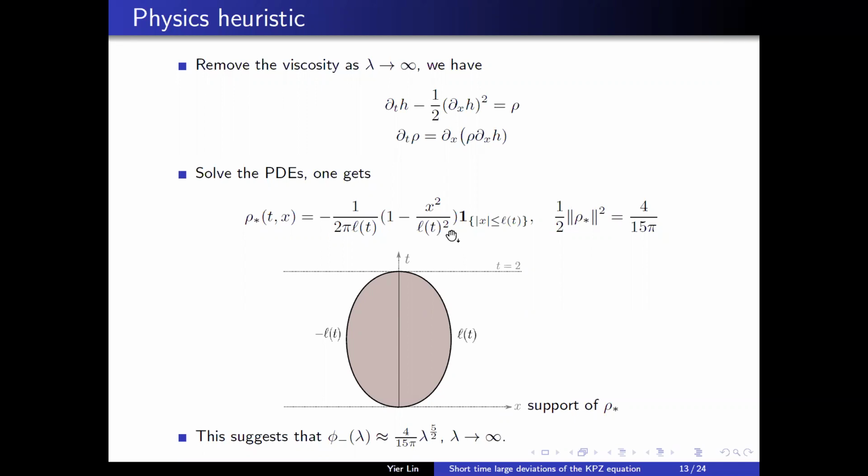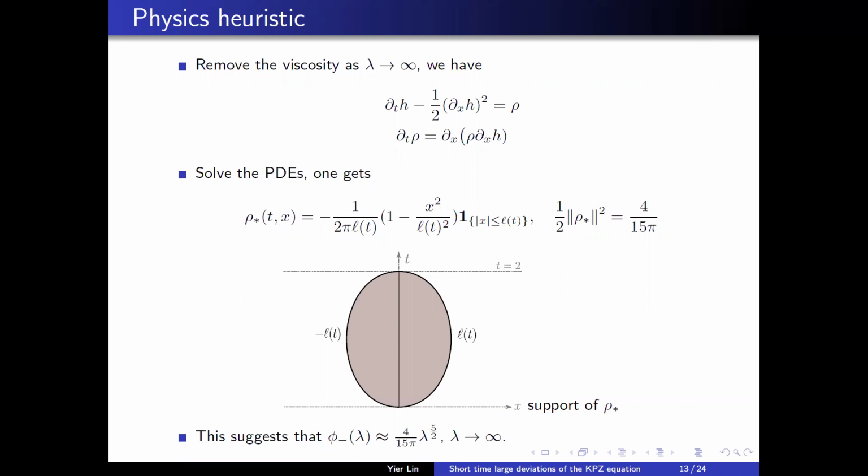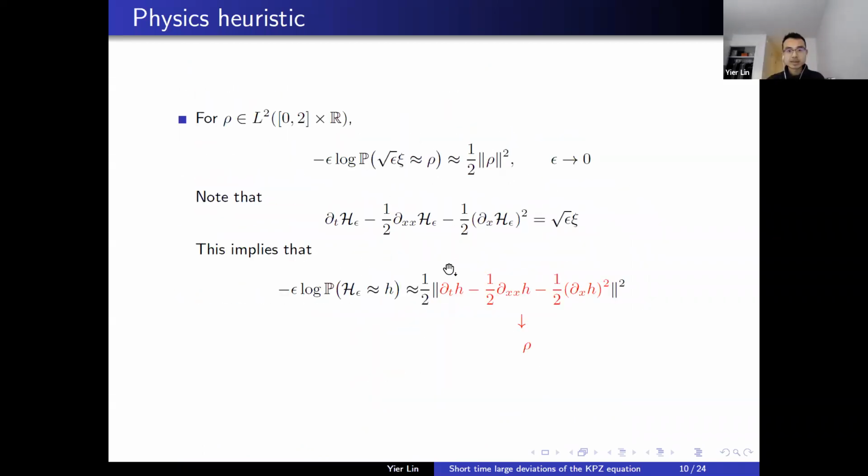I have another question. It's more of a remark regarding your early physics intuition of explaining the large deviation. It's not really physics heuristics about doing the large deviation. Where is your slide where you write down the equation? Yes, this one.